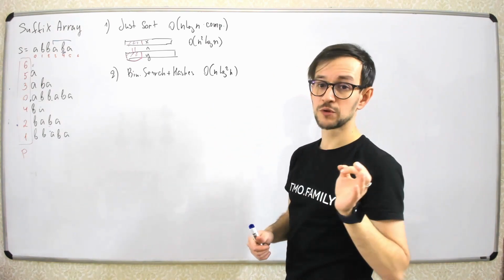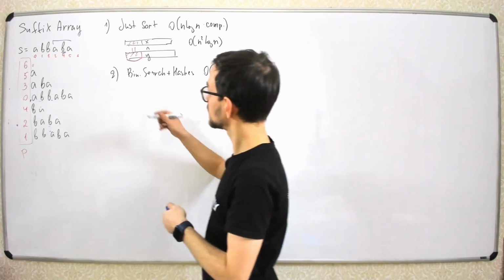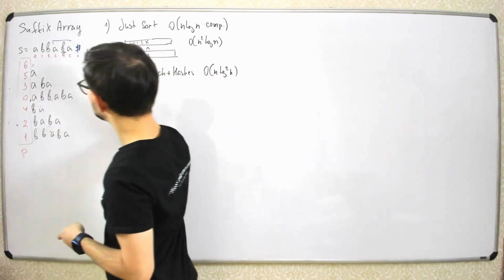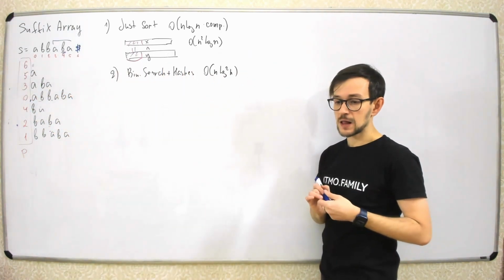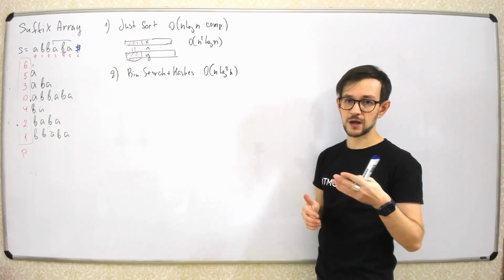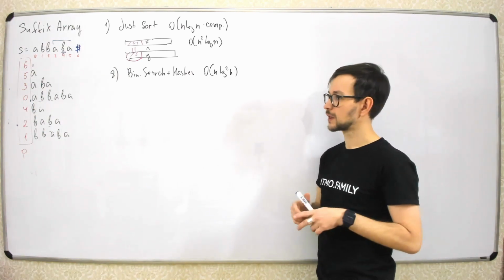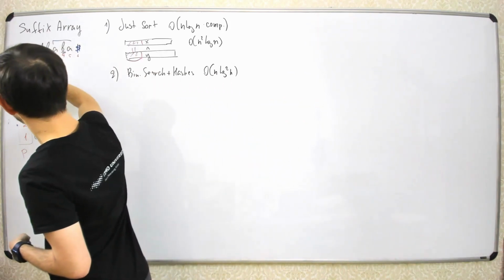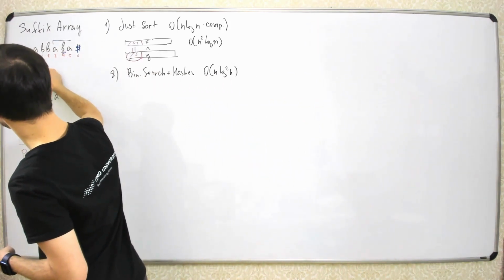How to make all the strings the same length? First of all, let's put a special character at the end of the string. This special character will be less than any character of the given strings. So all the suffixes will be extended by this character.